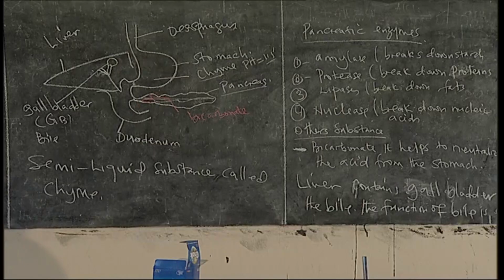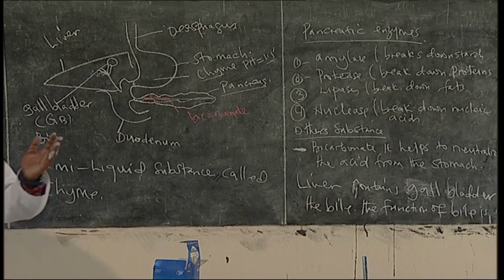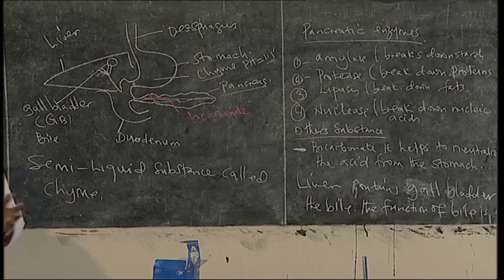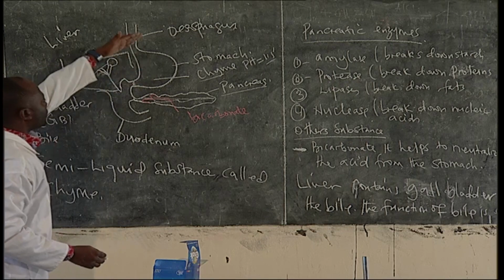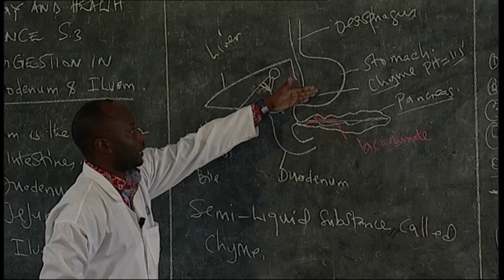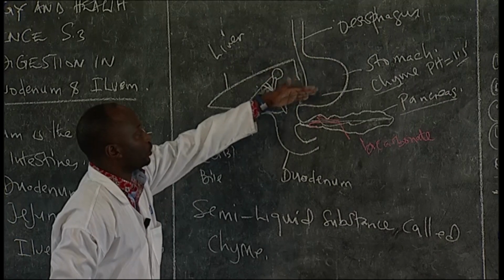So that is the digestion in your duodenum in simple understanding. Once the food is released from the stomach as chyme, the chyme is released into the duodenum.